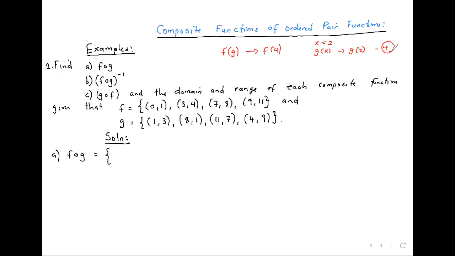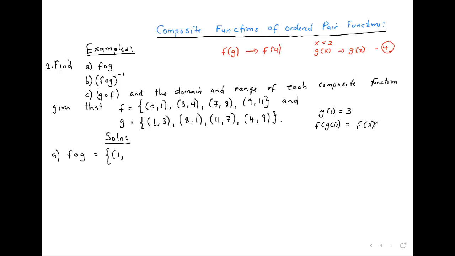So when we go to f of g, we are starting with g. So you come to g and pick 1. So you pick 1 in g, and then g of 1 is equal to 3. So f of g of 1 is the same as f of 3.